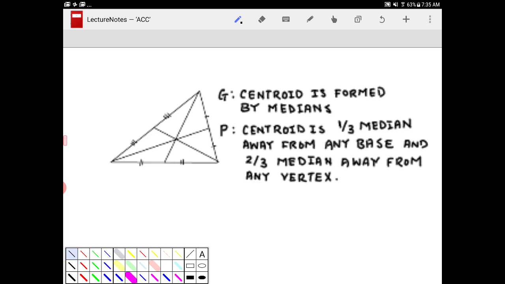So we start off with a triangle, like I have drawn here. The given information that you're starting off with is an understanding of what a median is. A median is a line drawn from any vertex.